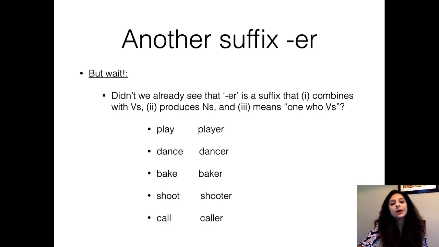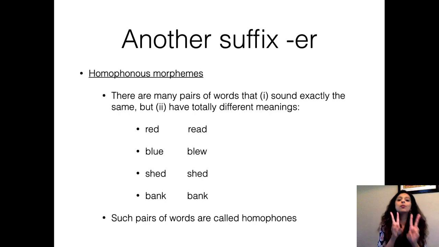Right? And so what these two morphemes are, they are called homophonous morphemes. That is, they look exactly the same and they sound exactly the same, but they have two different meanings. So here I've given you some examples of words that are homophonous with each other. So the color red and the past tense of the verb read are homophonous.